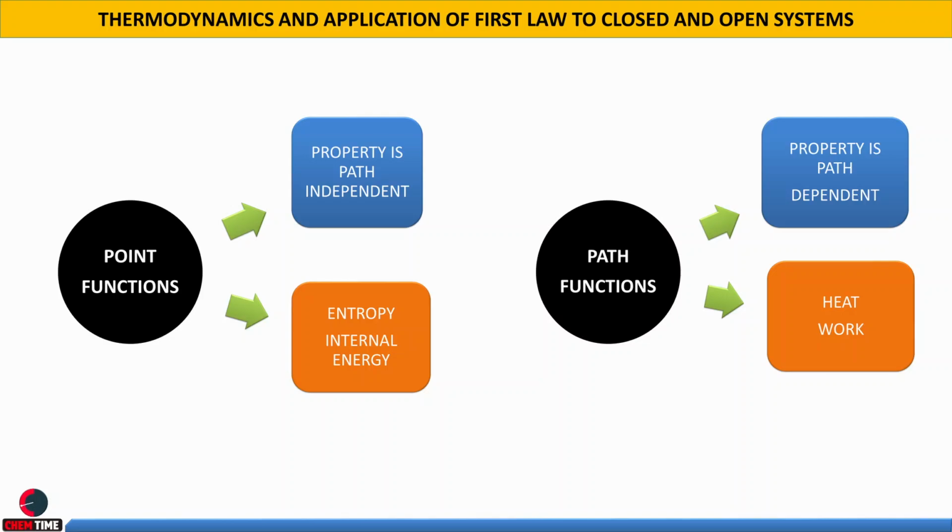But internal energy is the energy possessed by the molecules of a substance. When you heat a substance, the internal energy of the substance increases. For example, if you take potatoes and heat them, the internal energy of the potatoes increases. And coming to path functions, they are dependent on path. For example, heat and work are dependent on path.